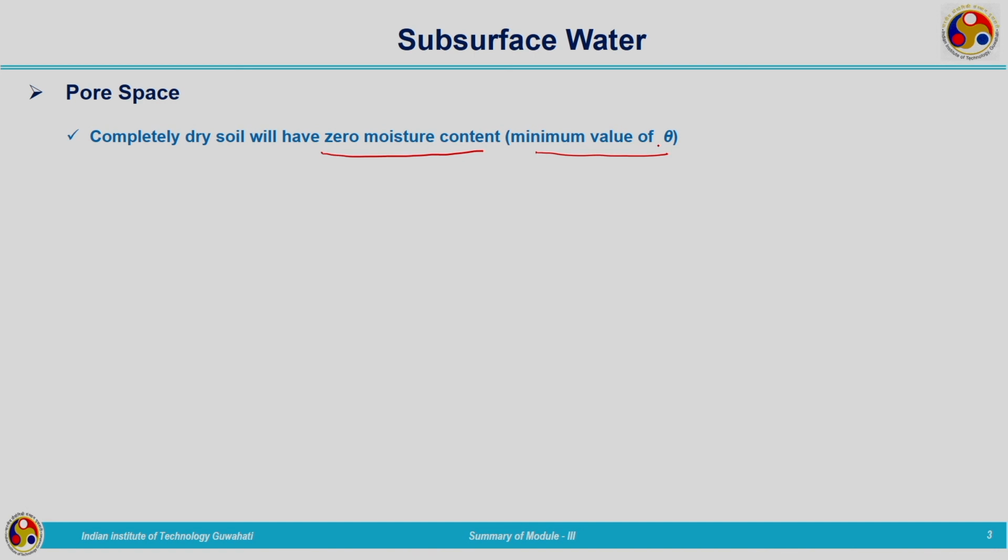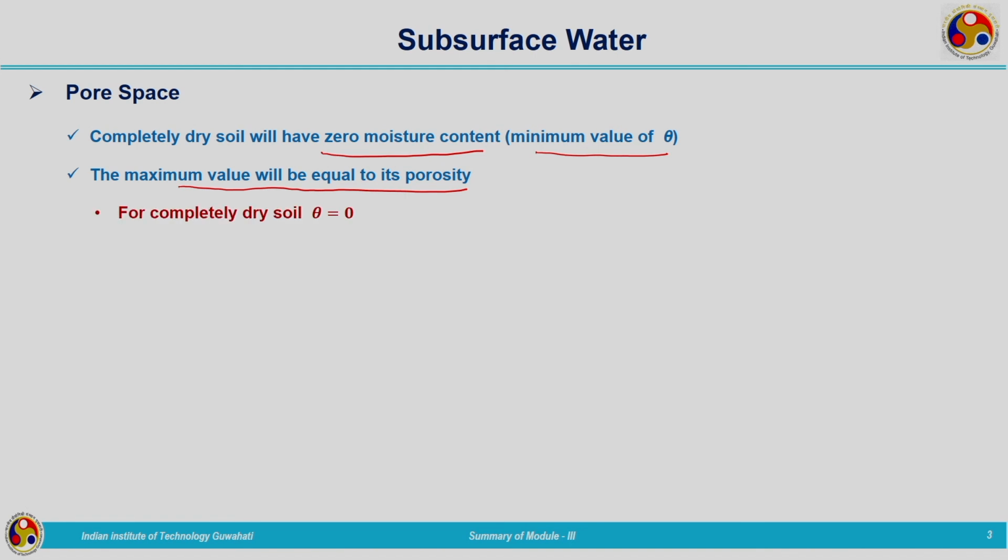Theta is the representation used for the volumetric moisture content. For soil with the maximum soil moisture content, that is equivalent to the porosity of the soil. So, completely dry soil has theta equal to 0 and saturated soil has theta equal to eta. So, this soil moisture content can vary between 0 and eta.